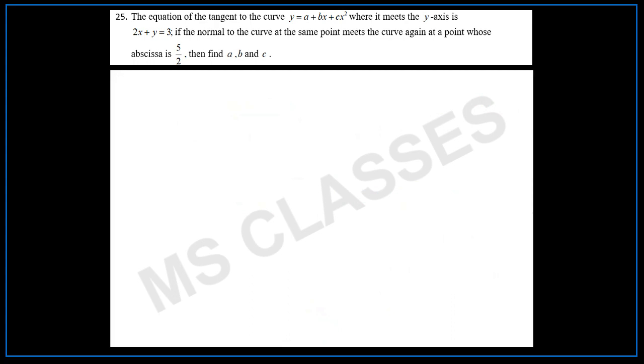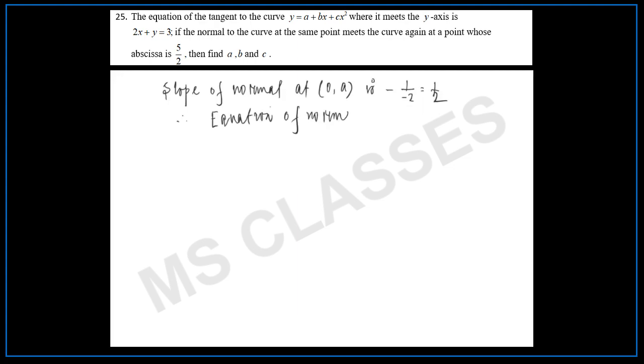Slope of the normal at 0 comma a is minus 1 by minus 2, that is half. Therefore, equation of normal is y minus y1, which is a, equal to half of x minus 0.